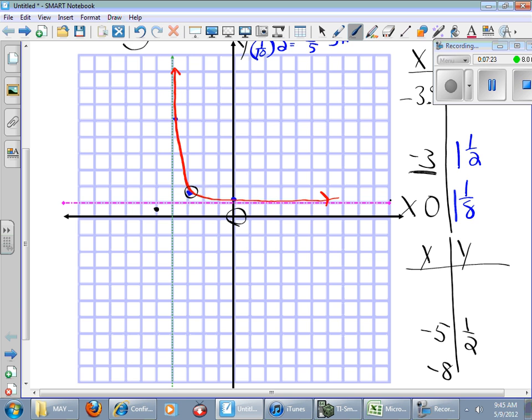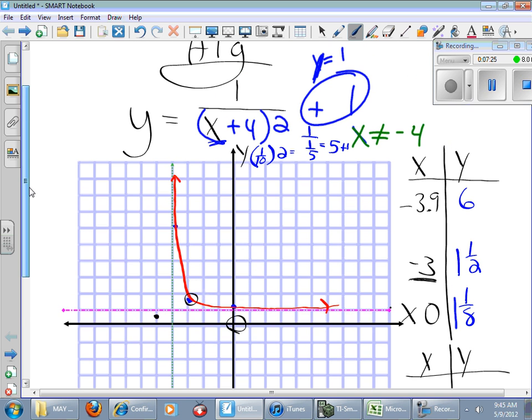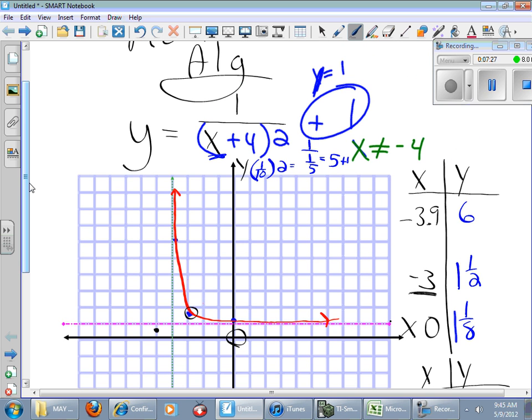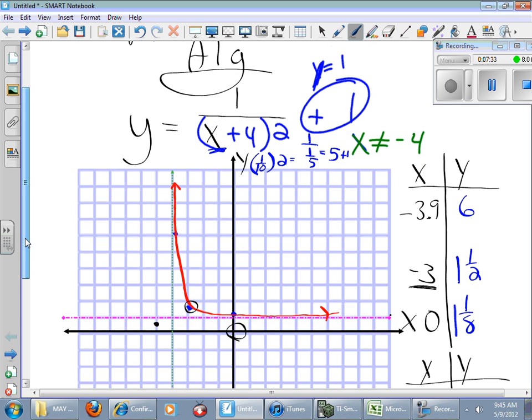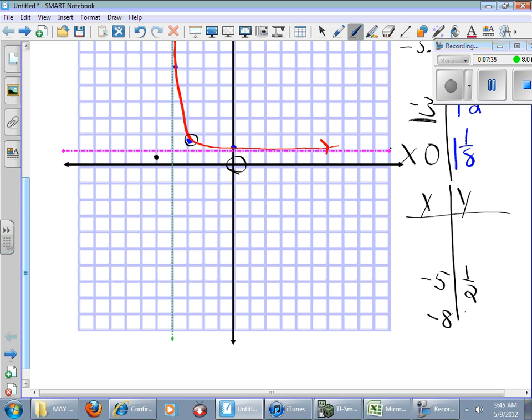All right, if I put negative 8 in, negative 8 plus 4 is negative 4, times 2 is negative 8. 1 over negative 8, negative 1/8. Plus 1 will be 7/8. All right, so at negative 8, I'll be at 7/8, getting pretty darn close to that asymptote.